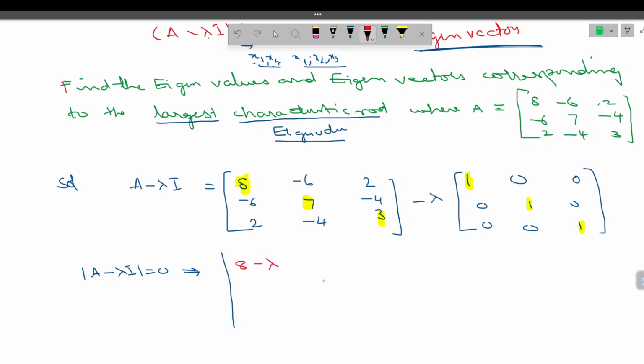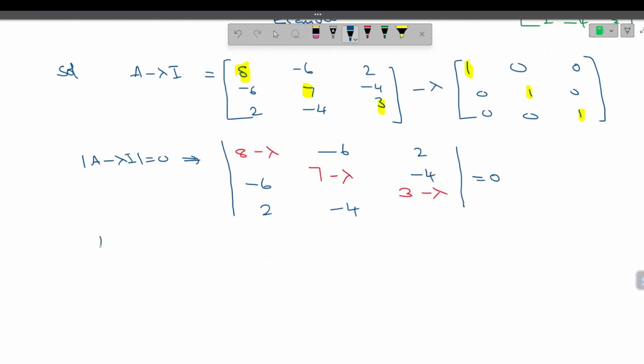So 8 minus lambda, 7 minus lambda, 3 minus lambda, and the remaining elements are the same: minus 6, 2, minus 4, minus 6, 2, minus 4. This equals 0.